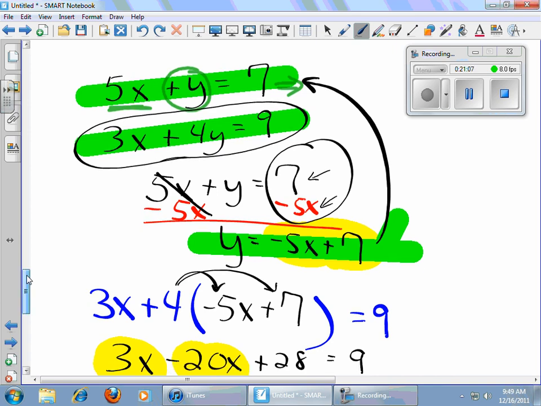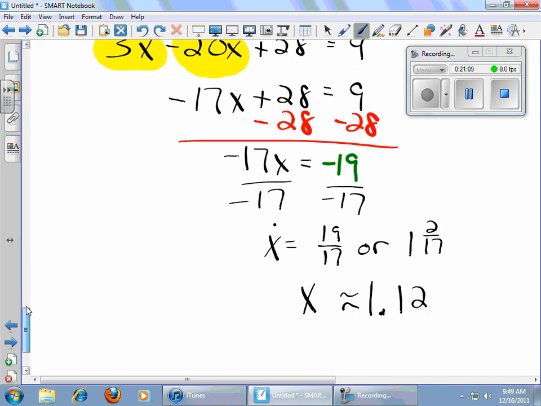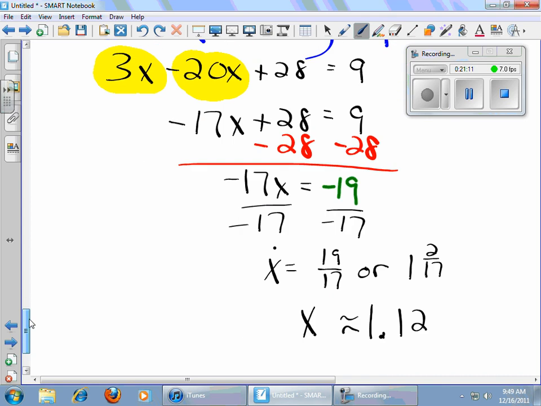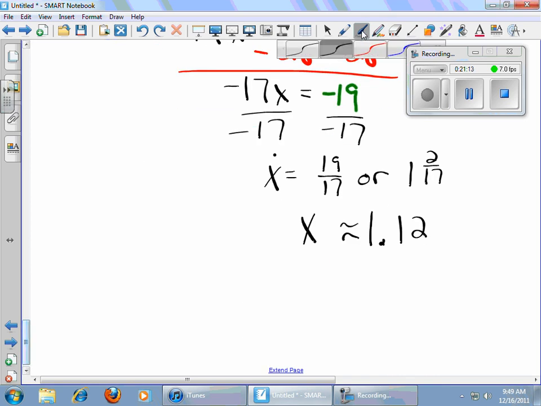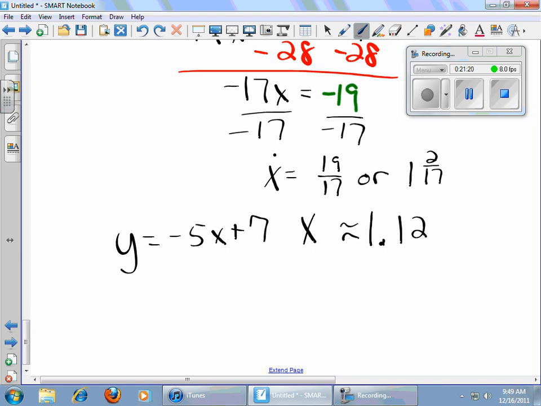And y is already alone, so I think it would be easier to use that equation. So what is it? Negative 5x plus 7. So I'm going to use y equals negative 5x plus 7. I'm going to rewrite it, but wherever I see an x, I'm going to take this 1.12, this rounded answer, and I'm going to put it in x's place.